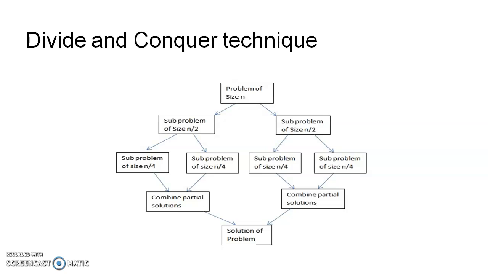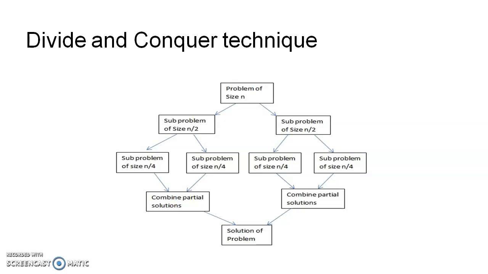Let's have a look at the graphical representation of the divide and conquer technique. Consider that a problem is large enough, of size n. This problem is to be solved using the divide and conquer strategy. So we divide it into smaller problems of size n/2. These problems are still large enough, so we further divide them into smaller subproblems of size n/4.